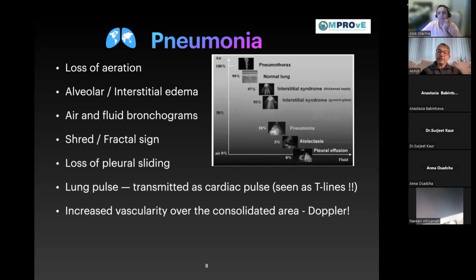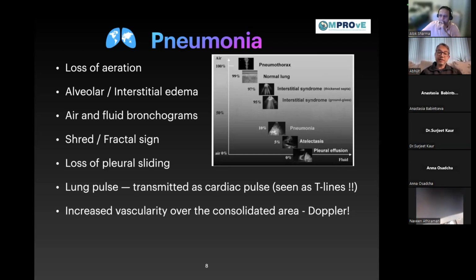So you can imagine if it is a collapsed area, there is no infection, it's just a plain simple collapse. There's no need for the defense system to mount any kind of a reaction there. So you will not see any increase in vascularity in a collapsed area, which is plain and simple atelectasis. But if your collapsed area has consolidated, it's some kind of an infection there.